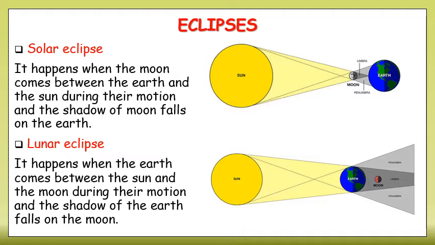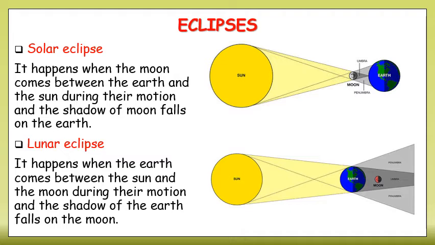While when the sun, the earth and the moon lie in a straight line with the earth in the center, in this case, the earth blocks the light of the sun from reaching the moon.